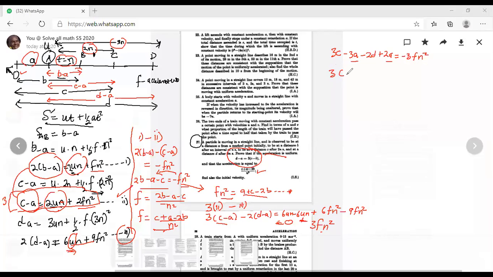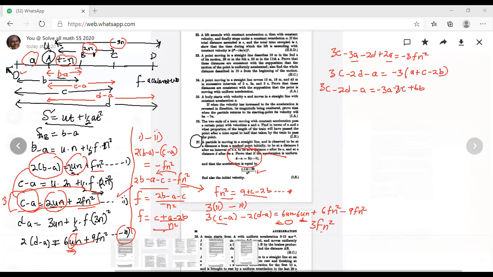So 3c minus 2d minus a is equal to a negative 3. Fn squared is what? A plus c minus 2b. Simplifying gives me 3c minus 2d minus a is equal to minus 3a minus 3c plus 6b.